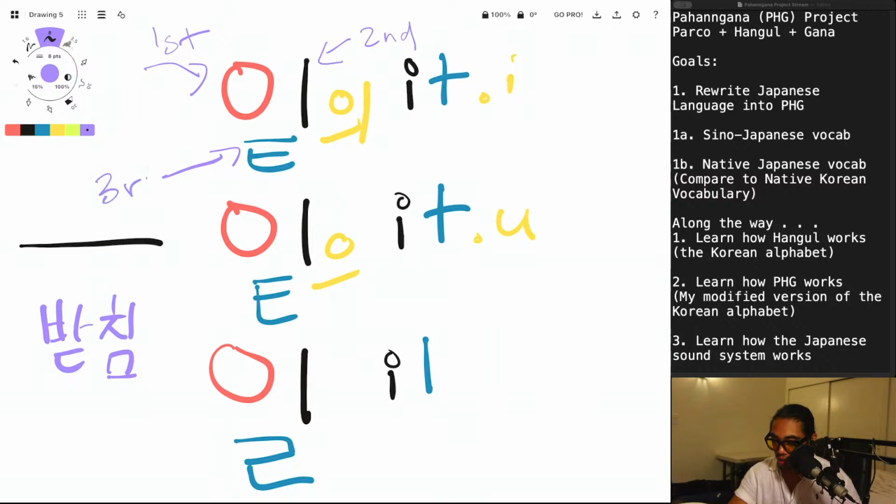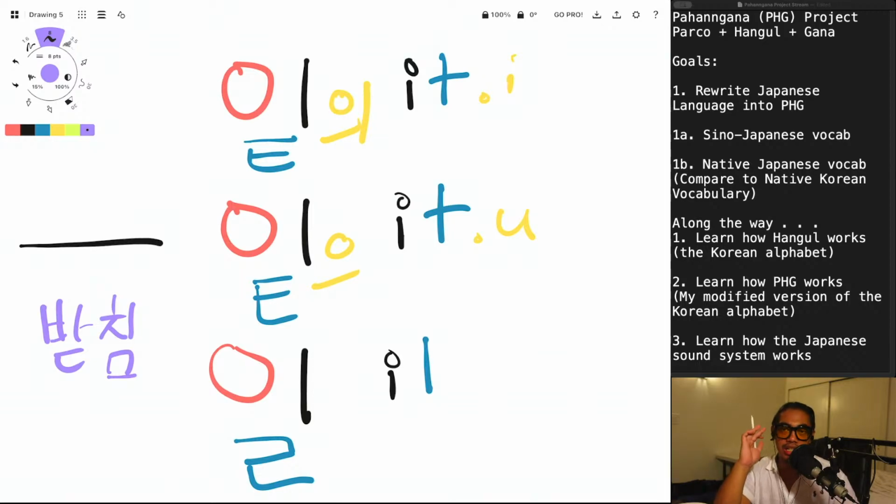So this is the bottom consonant, so the T. Japanese has batchim, and this has incredible repercussions for how we can understand how the Japanese language works, because in hiragana and katakana it is impossible to write batchim or even convey this concept. You can actually kind of write batchim in English, as I've described here.